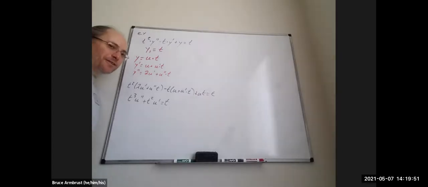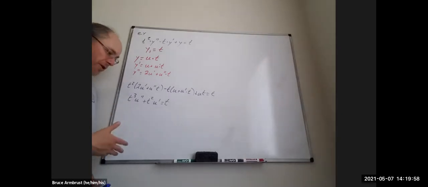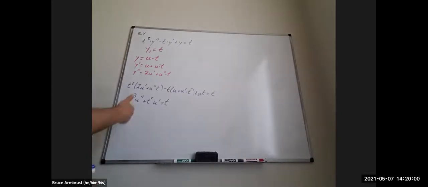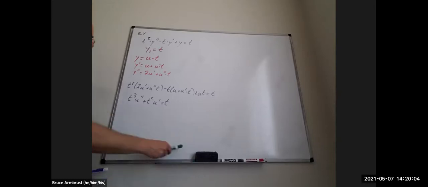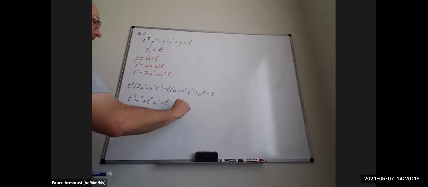So hopefully you're all checking my algebra here. But now let's do the reduction of order. So we'll change that u into something else. So again, I'm going to use w. So this becomes t cubed times w prime plus t squared times w equals t.